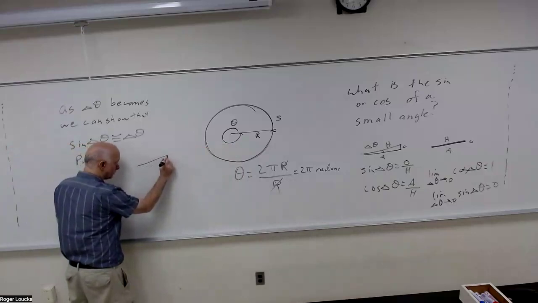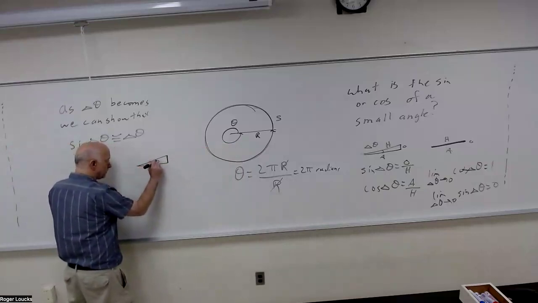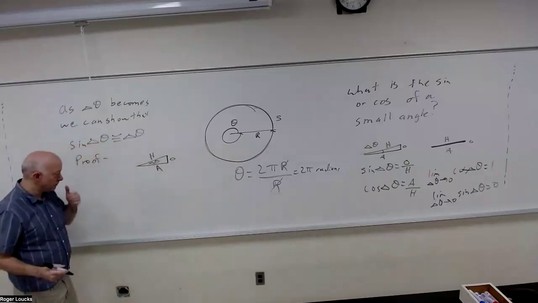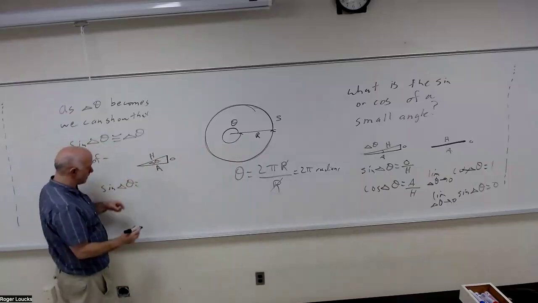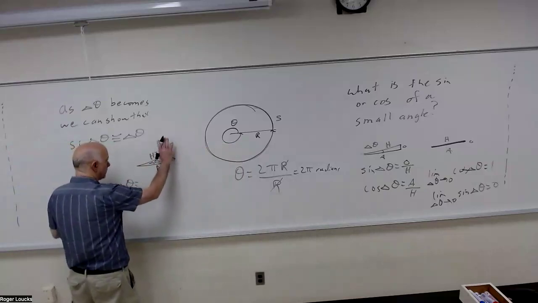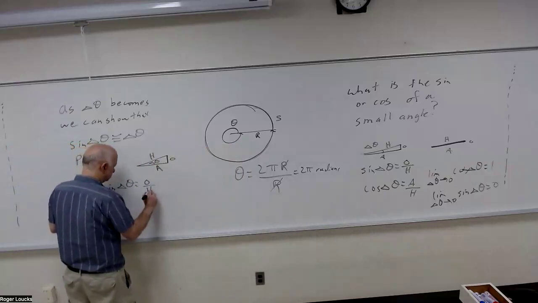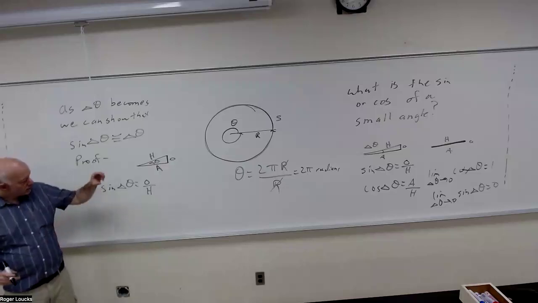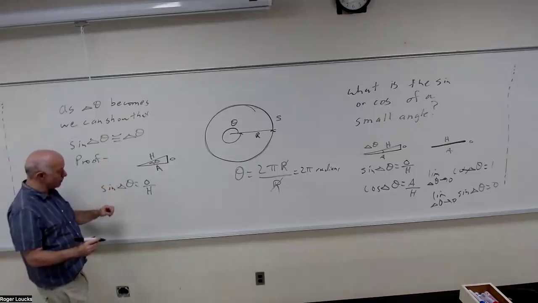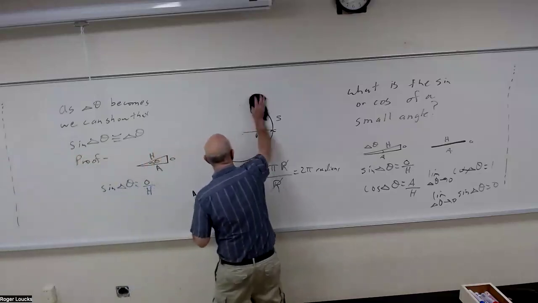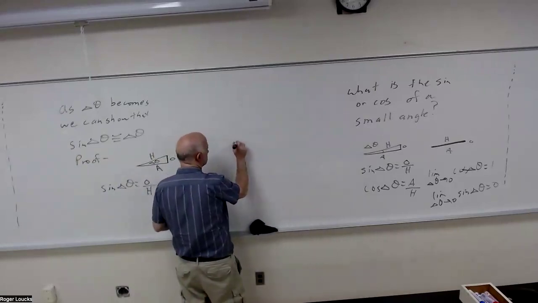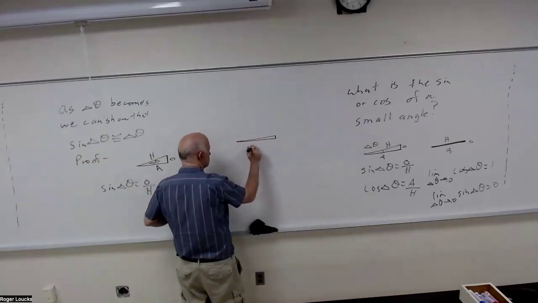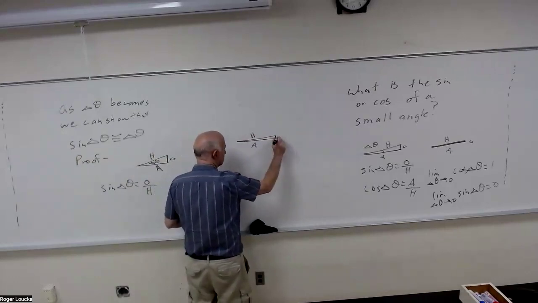So here's my little triangle like this. Here's my delta theta. Here's my opposite. Here's my adjacent. And here's my hypotenuse. We know that the sine of delta theta is always your opposite over hypotenuse. This hypotenuse here, I'll just call it H. But if this gets smaller and smaller, so here's my A, here's my H, here's my delta theta.